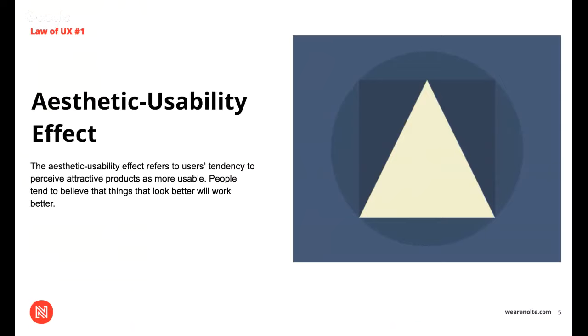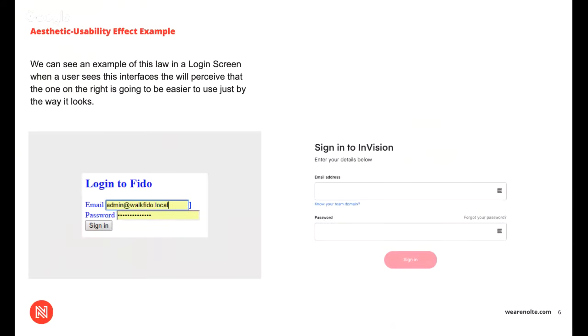This law refers to the fact that users have a tendency to perceive attractive products as more usable. People tend to believe that things that look better will work better. As an example, we can see this in a login screen.